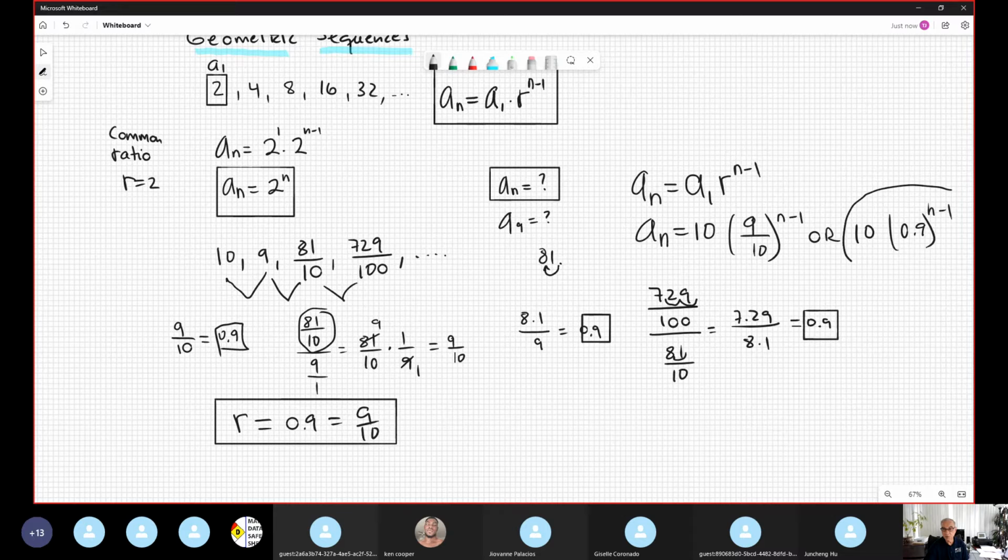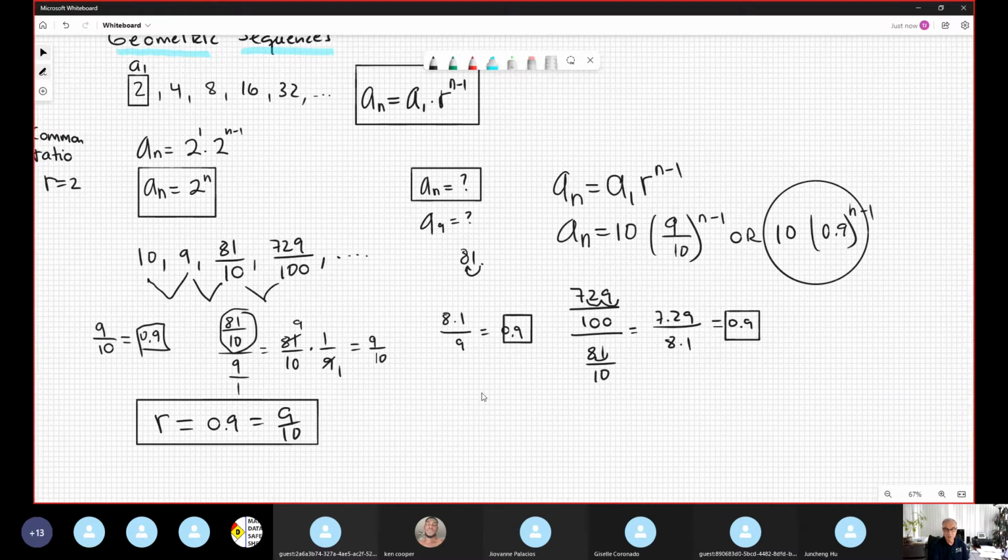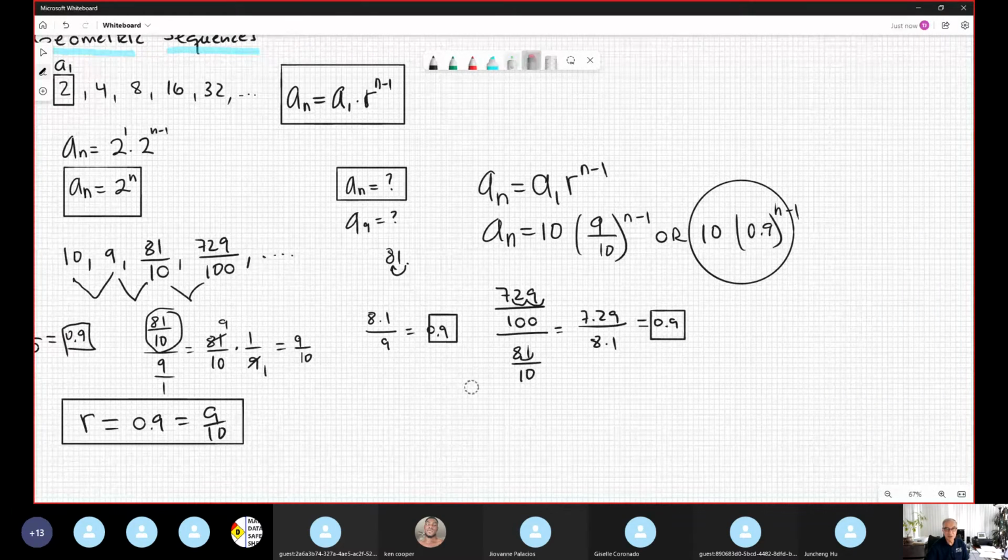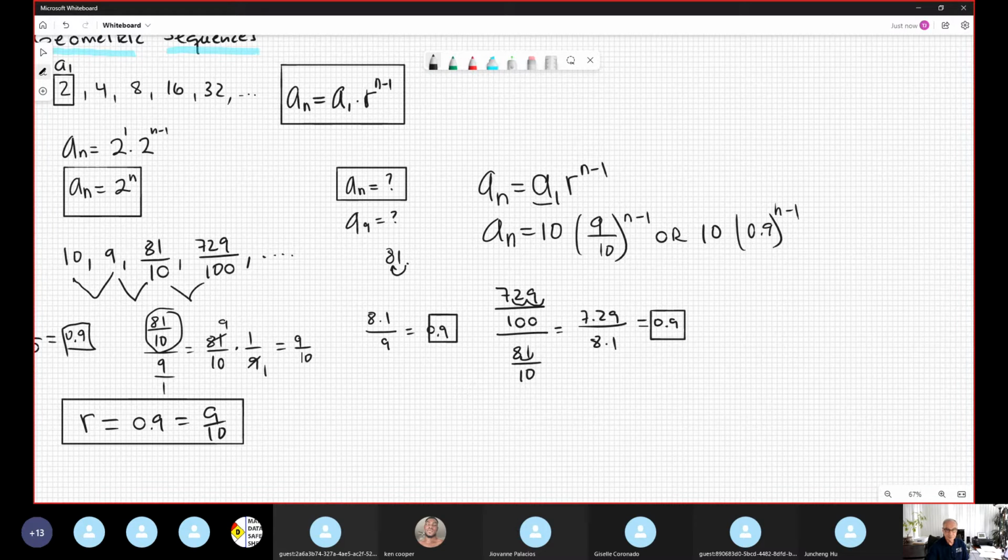Either way. People who like decimals can use the second way, and students who don't like decimals and prefer fractions can use the first.